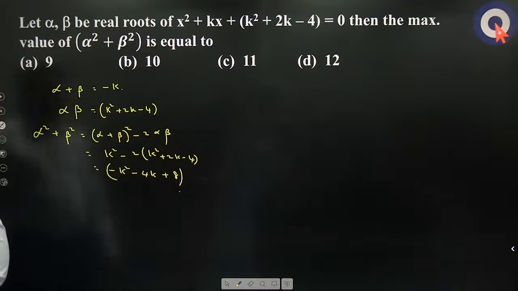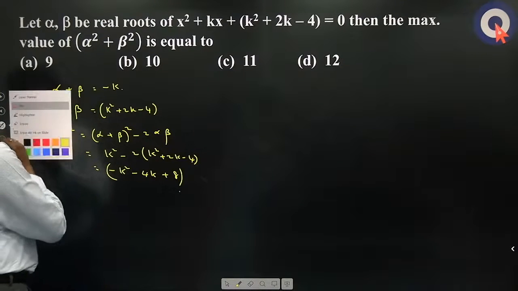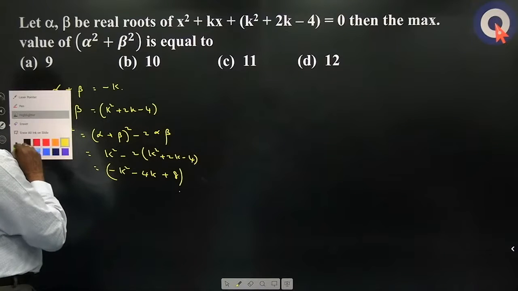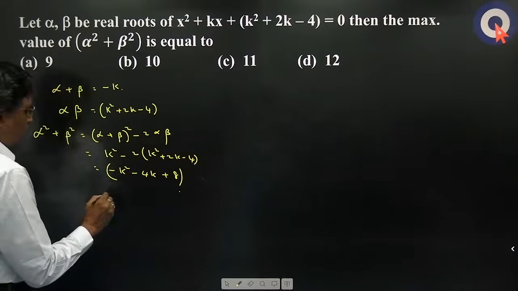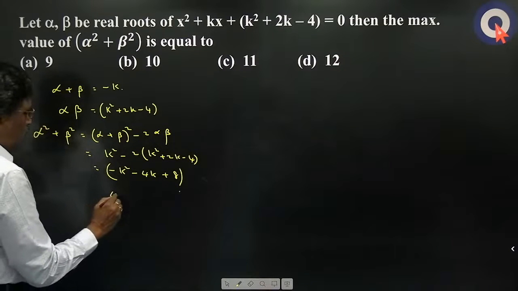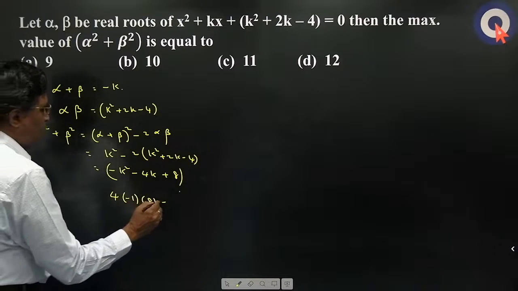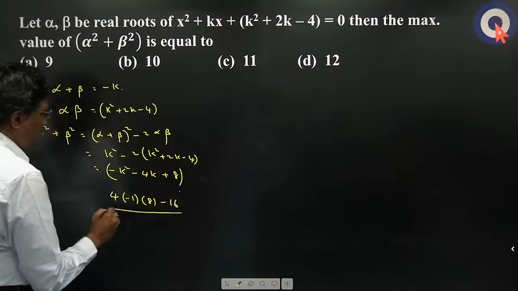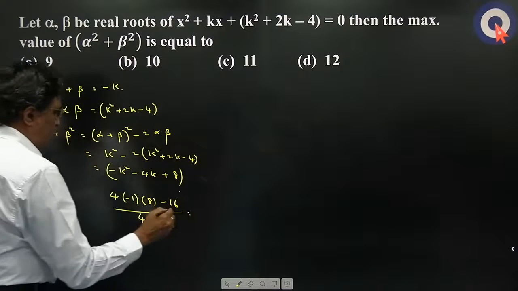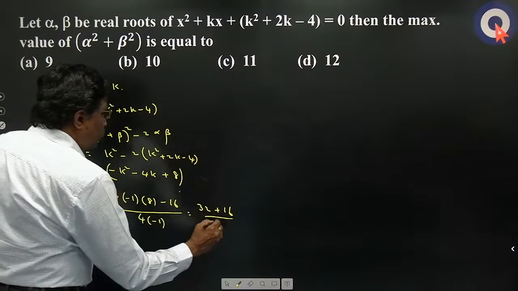Okay. So then the maximum value of this expression is 4ac minus b square by 4a. So which becomes 32 plus 16 by 4.